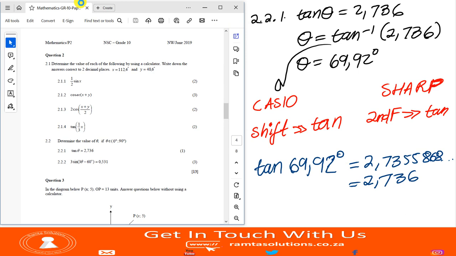Now let's answer the next question, which is question 2.2.2. It says we now need to determine the value of theta for 3 sine open bracket 3 theta minus 60 degrees is equal to 0.531.